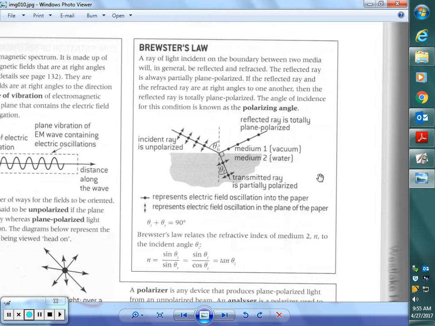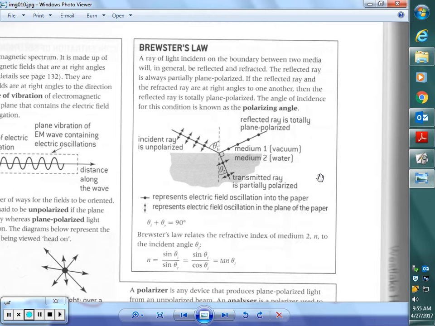Okay? So, it says the reflected ray is always partially plane polarized. If the reflected ray and the refracted ray are at right angles to one another, then the reflected ray is totally plane polarized. So what we find is that reflection off of that boundary actually causes polarization, at least to a degree. Okay?